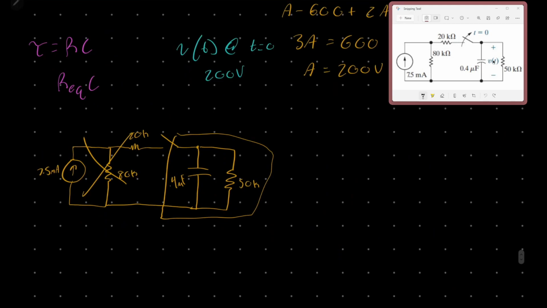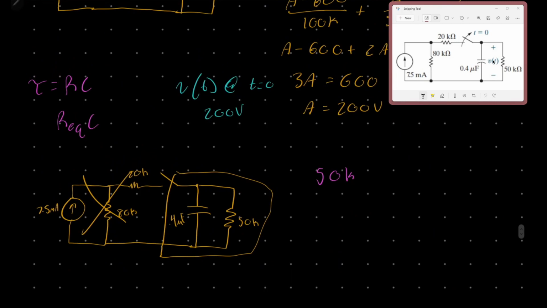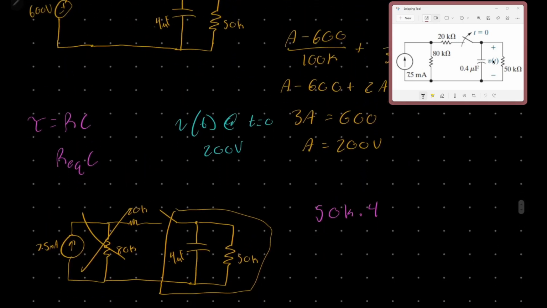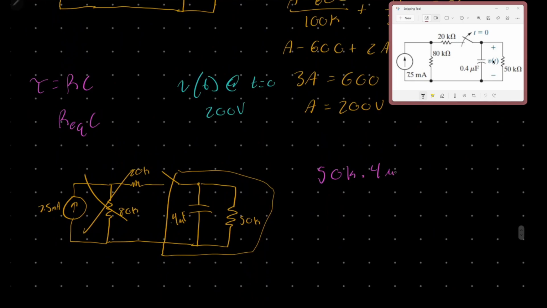So when looking at that, we see that the only resistance that the capacitor sees is going to be the 50K. And then we need the value of the capacitor, which is 0.4 microfarads.